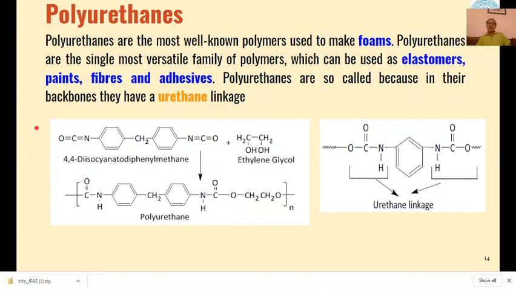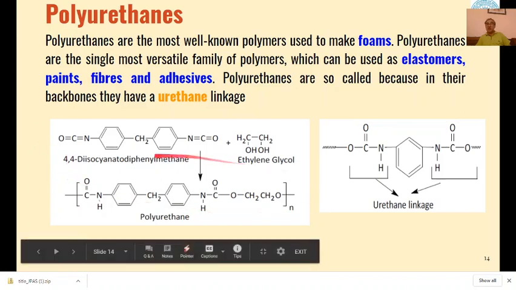Then another molecule of ethylene glycol will react on this side, and that is how we get a polymer of this type, polyurethane. And this linkage, as I told you, is called the urethane linkage. Any polymer where this urethane linkage is present will be called a polyurethane polymer.